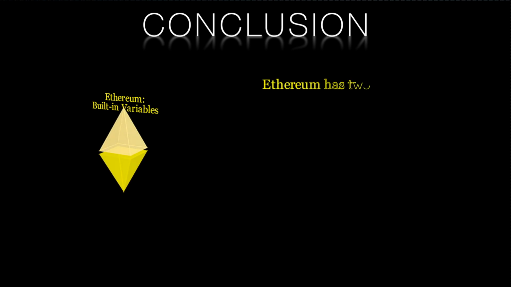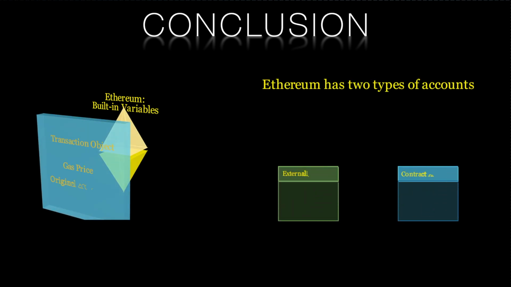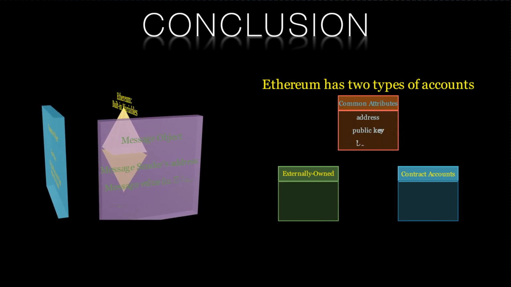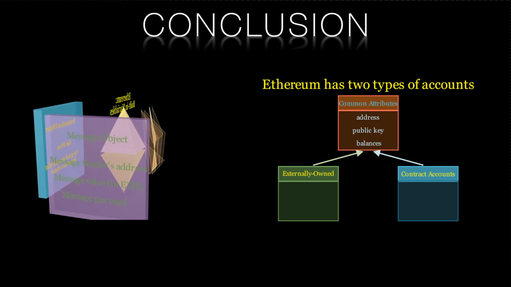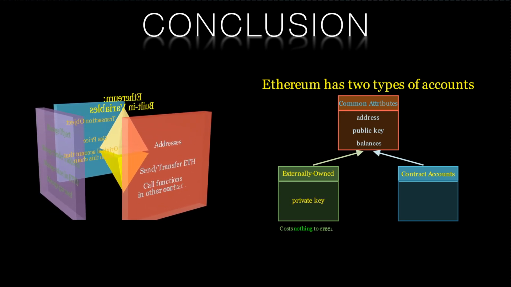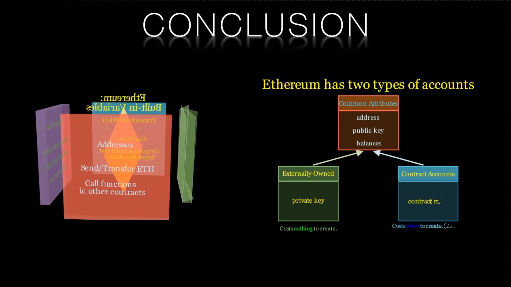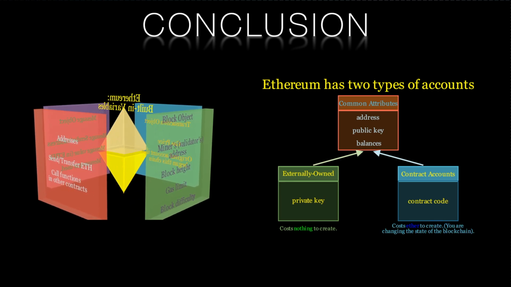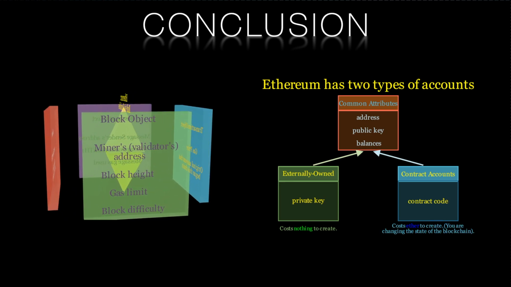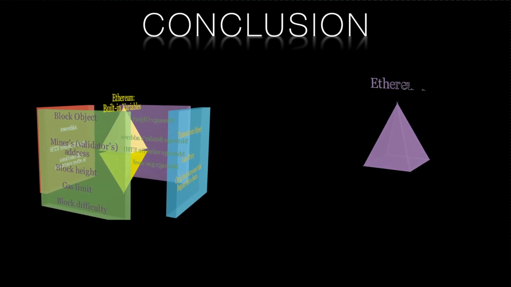These include accounts, both externally owned and contract accounts. Solidity also features objects and variables that provide information about the blockchain state from anywhere within a smart contract. The message and transaction objects are particularly useful in this regard.